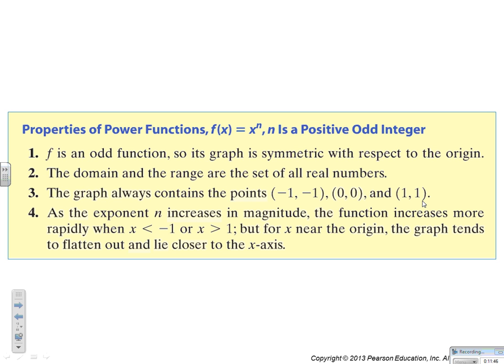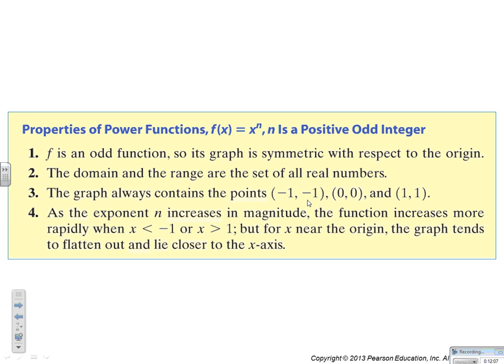Okay, so when f of x equals x to the n, where n is a positive odd integer, the function is odd. So the symmetry is with respect to the origin. That's from last chapter. The domain and range, all real numbers. You can go all reals. So check this out.